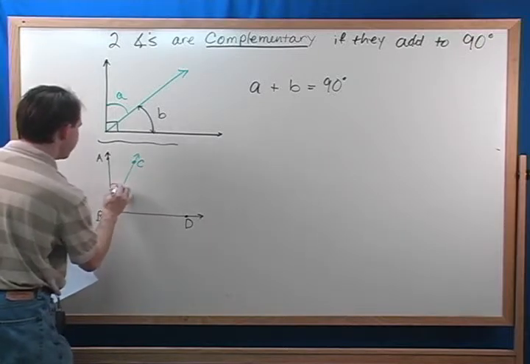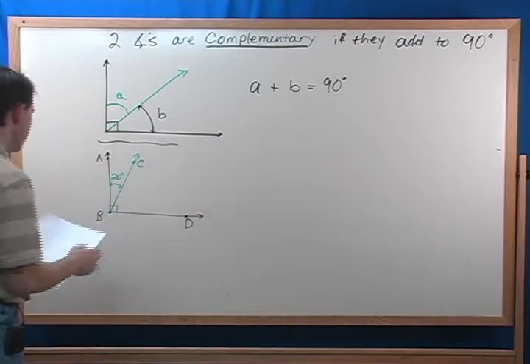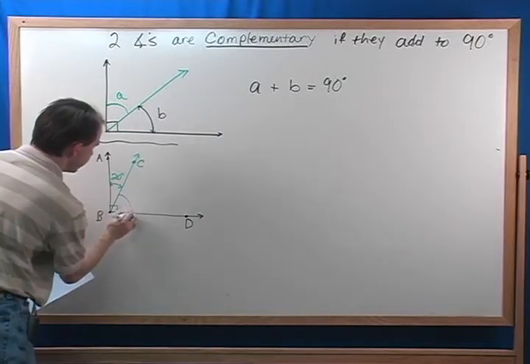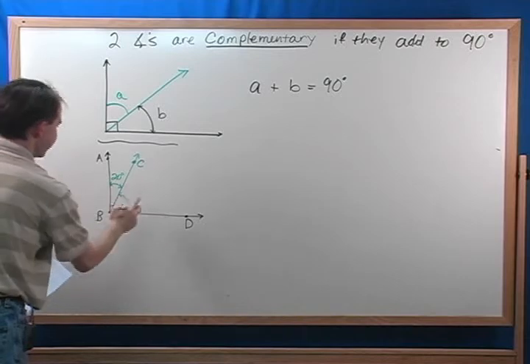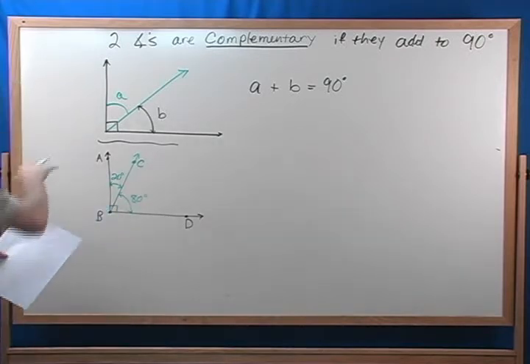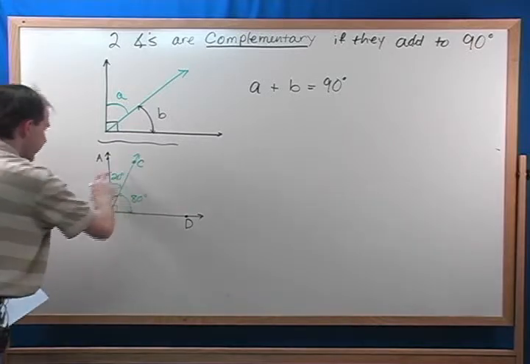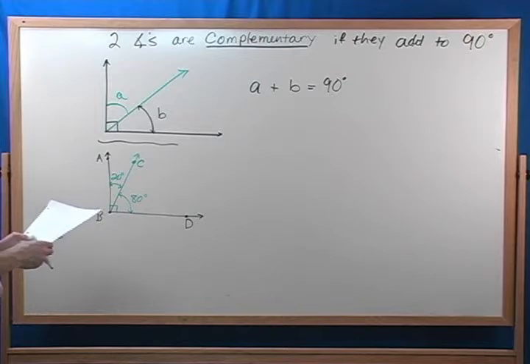And this angle is given to you at 20 degrees. And this angle between this ray and this ray is given to you at 80 degrees. And the question is, are these two angles, ABC and CBD, this angle here and this angle here, complements of each other?